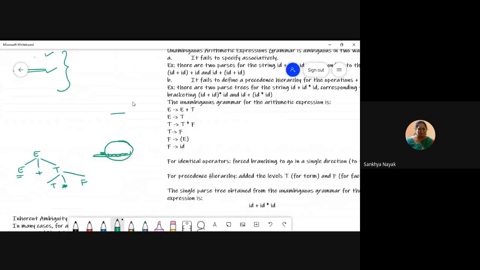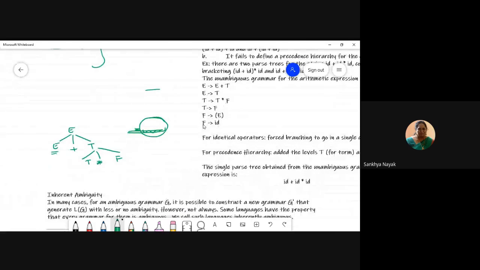has to be first, this ID you can derive only from factor, correct? So factor is derived from T, which is derived from E. So E derives T derives factor, and then it becomes ID. Similarly, this T becomes a factor and then it becomes ID, and factor has become ID.